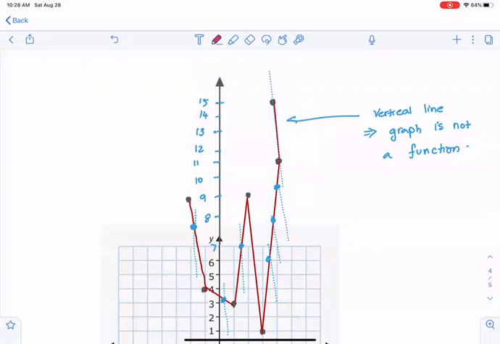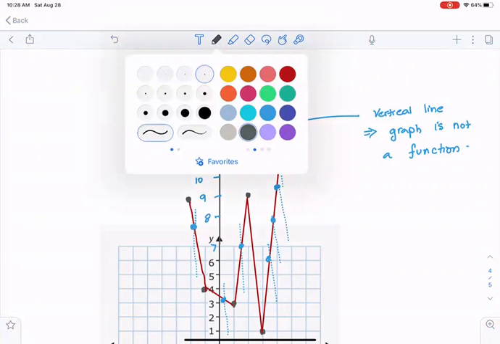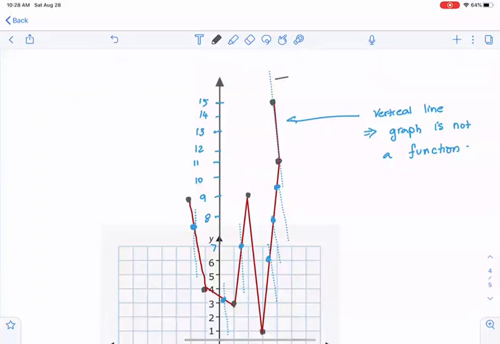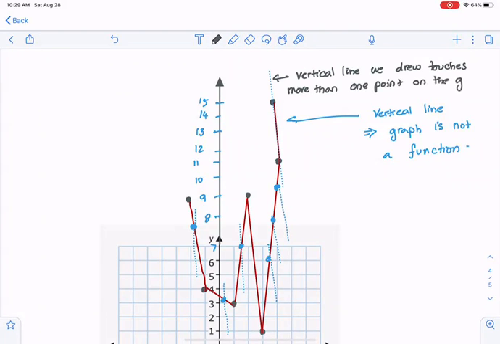So the vertical line we drew is touching the graph at more than one point. So this is not a function.